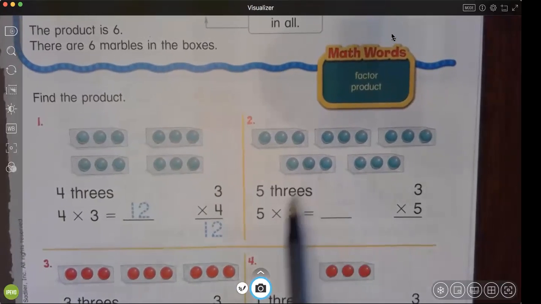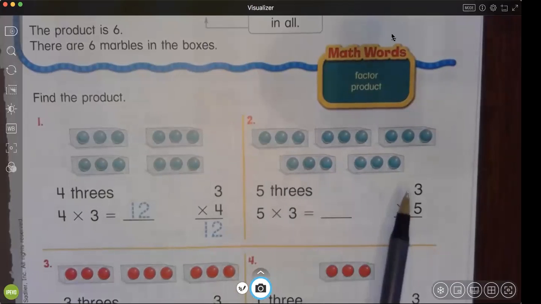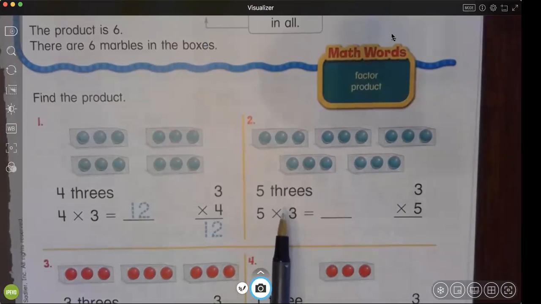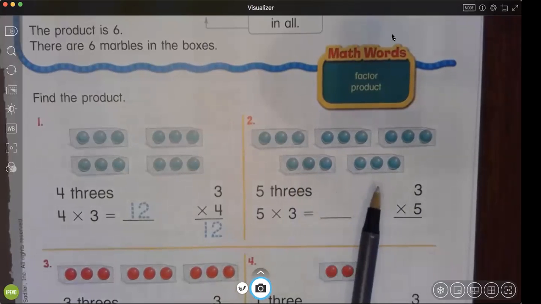All right, over here we have 5 groups of 3. So that's like saying 5 plus 5 plus 5. So 5 times 3. So we have to count by 5 3 times. Or we could count by 3 5 times. But I think it's going to be easier to count by 5 3 times. So let's count by 5 3 times. 5, 10, 15.